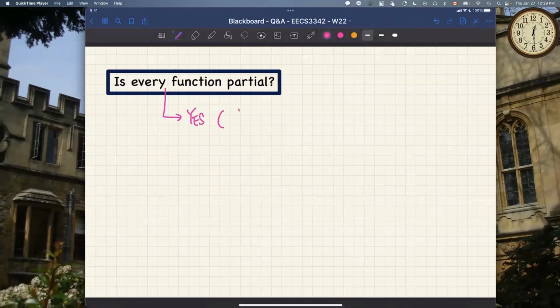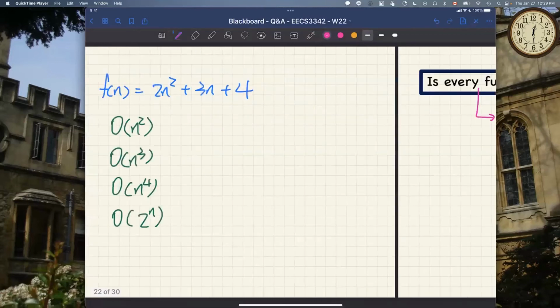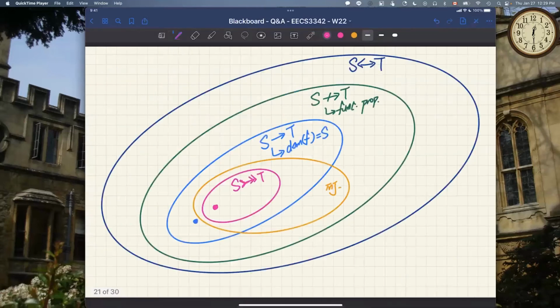As long as it satisfies the functional property, it would be a partial function. And of course, we got many other subsets within the partial function, which I just spoke about, right? You can refer to the diagram over here, which will be very helpful in terms of clarifying the categories over here.